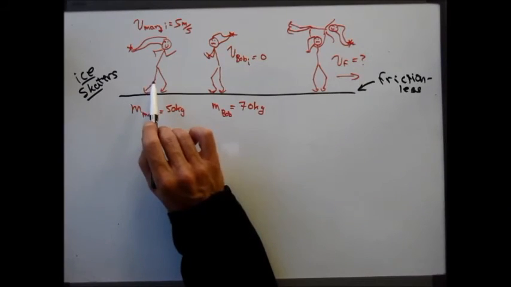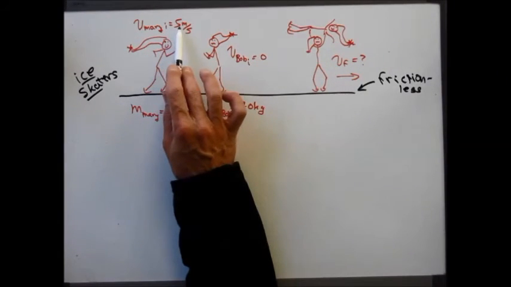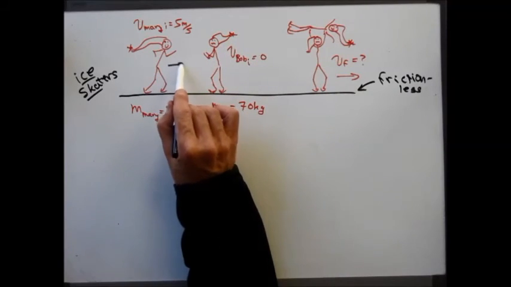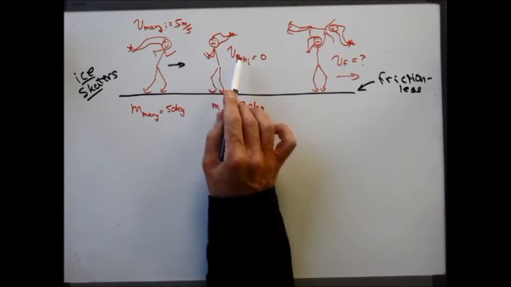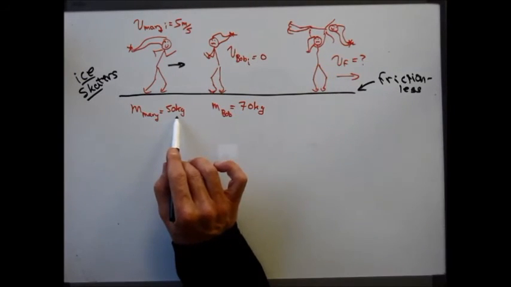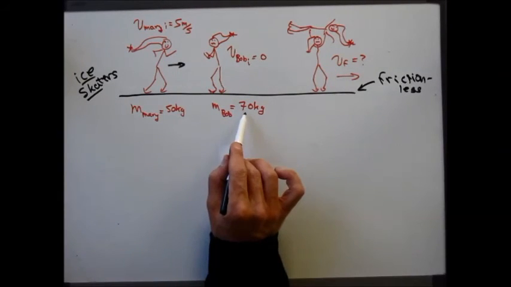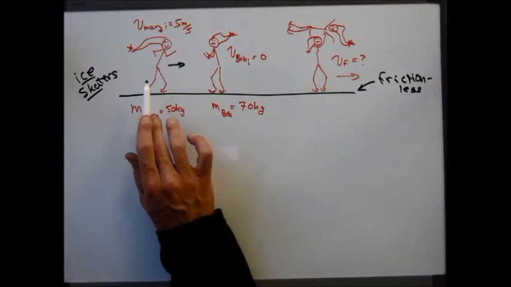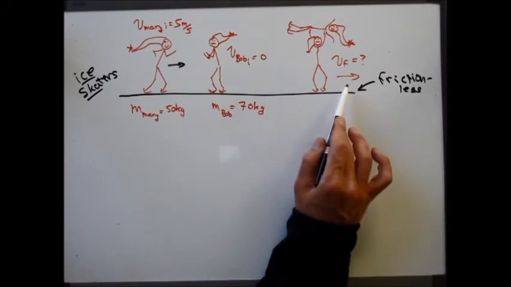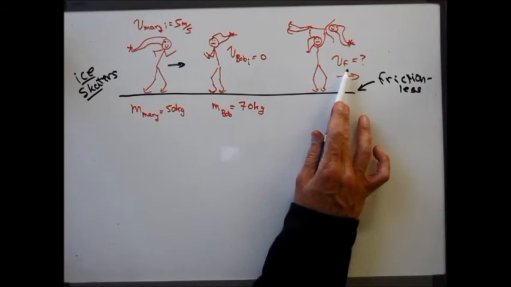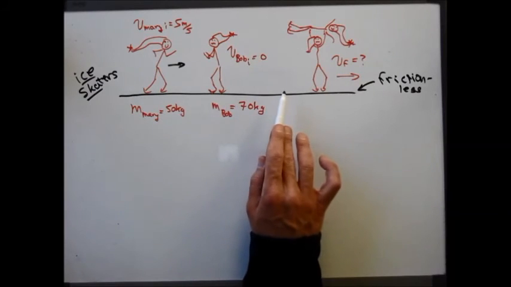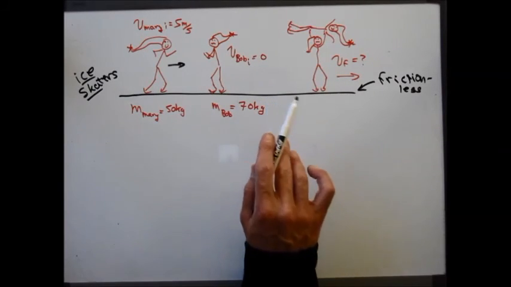Mary, with an initial velocity of 5 meters per second to the right, is skating towards Bob, who looks a little nervous, and is at rest. Mary's mass is 50 kilograms, Bob's mass is 70 kilograms. And so she skates up to him and leaps, and he catches her, and they skate off together, and we want to know what the final speed is. And all we know is that the surface is frictionless, which tells us that momentum is conserved.